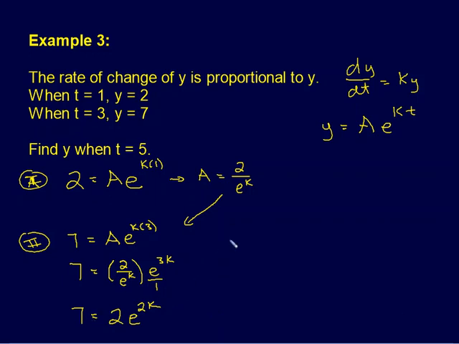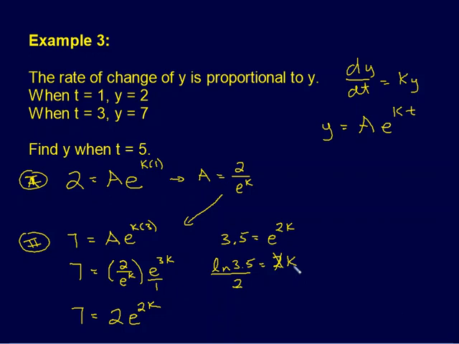So 7 divided by 2 is 3.5. And I'll take the natural log of 3.5 equals 2k. We're taking the natural log of both sides. And now we're going to divide by 2.